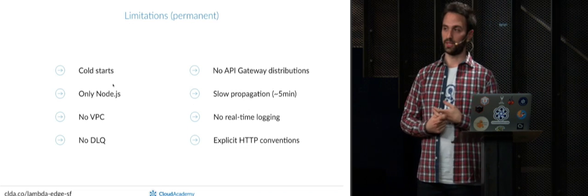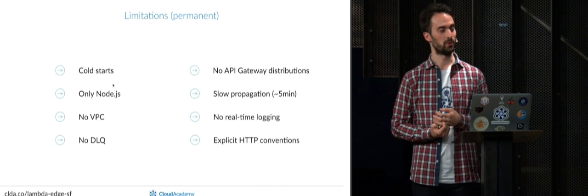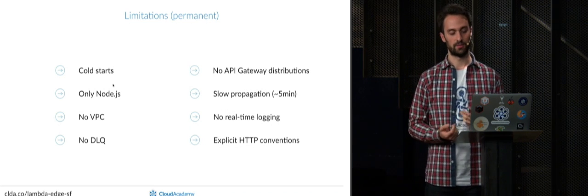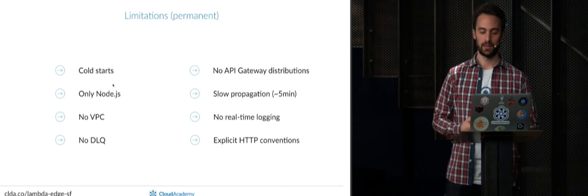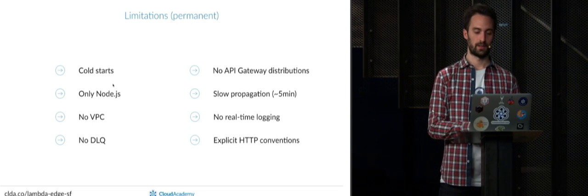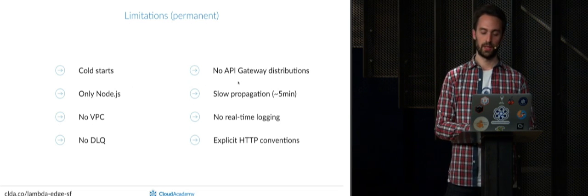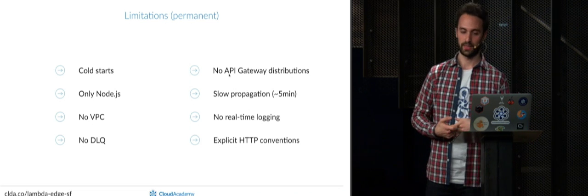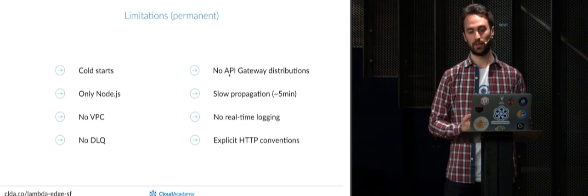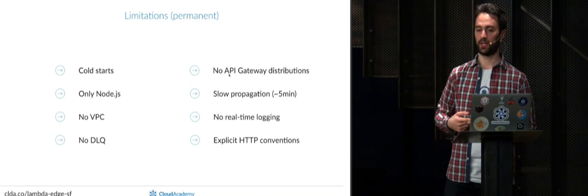Also, only Node.js, because at the edge you want non-blocking I/O. So Python, Java, I'm not completely sure. As far as I know, Node is here to stay at the edge. Again, the propagation is a bit slow. Some people asked me about API Gateway distributions. That will be very interesting, but those distributions are currently hidden.